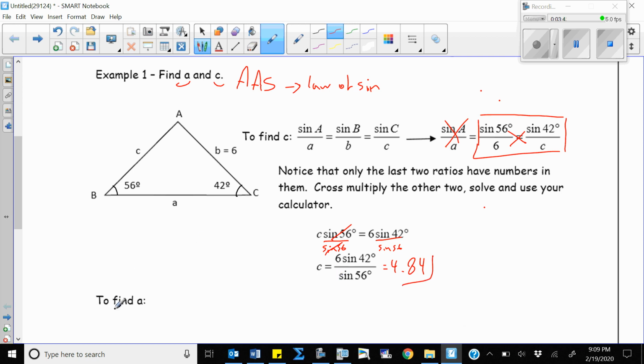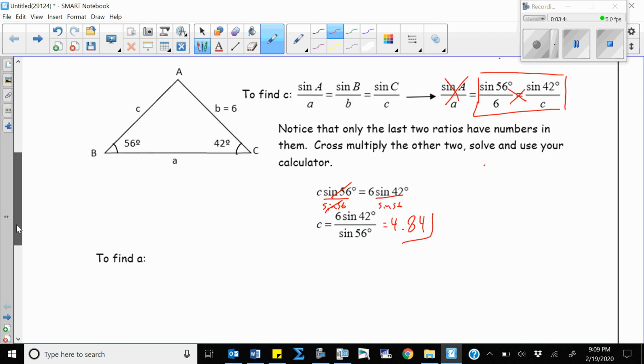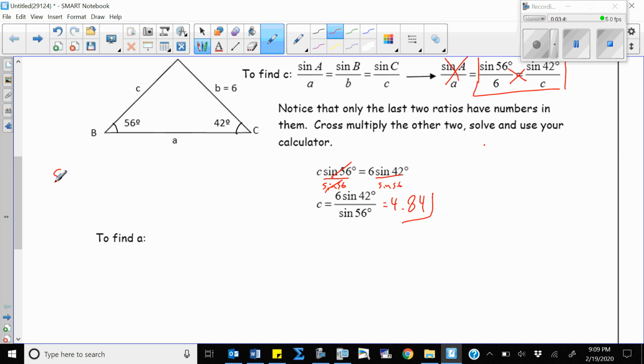Now we're going to solve for side a. We know that we can use the same formula, sine of A over a equal to sine of B over b equal to sine of C over c. Let's see what we have here.